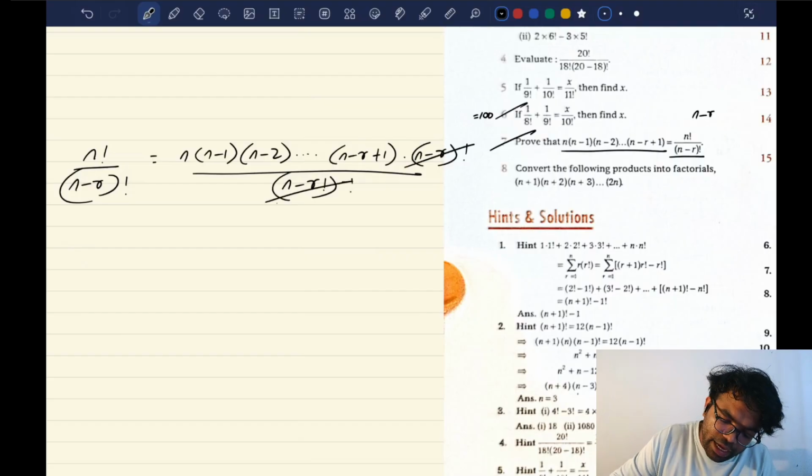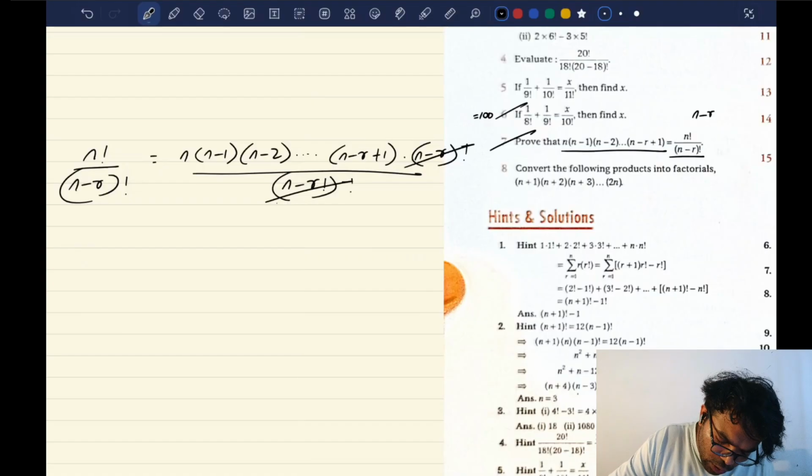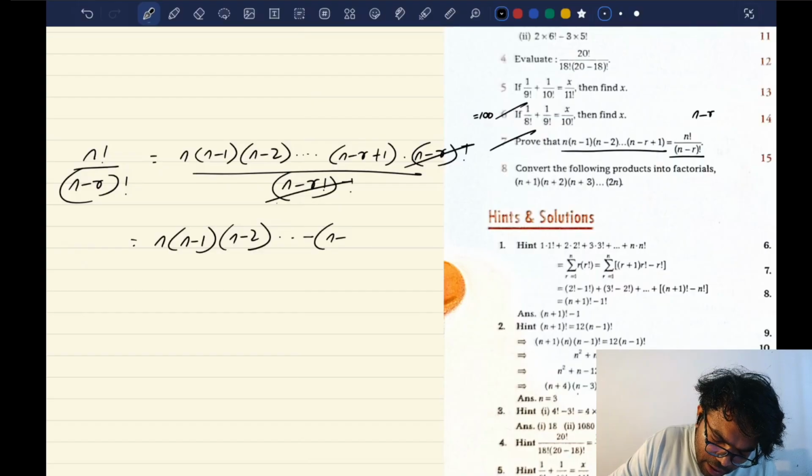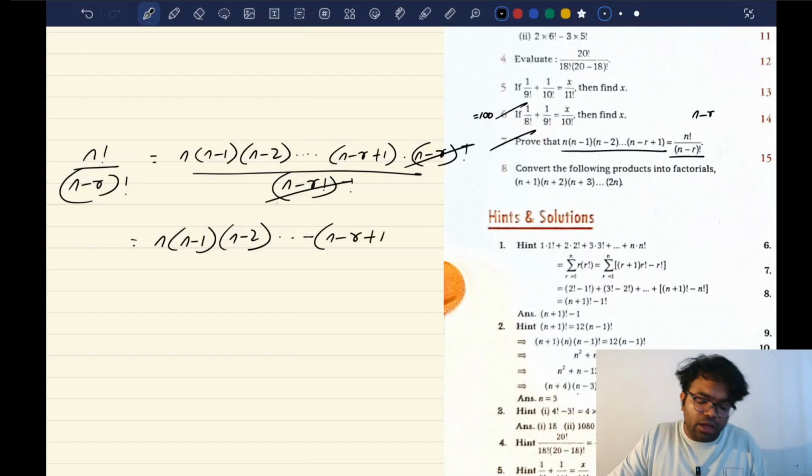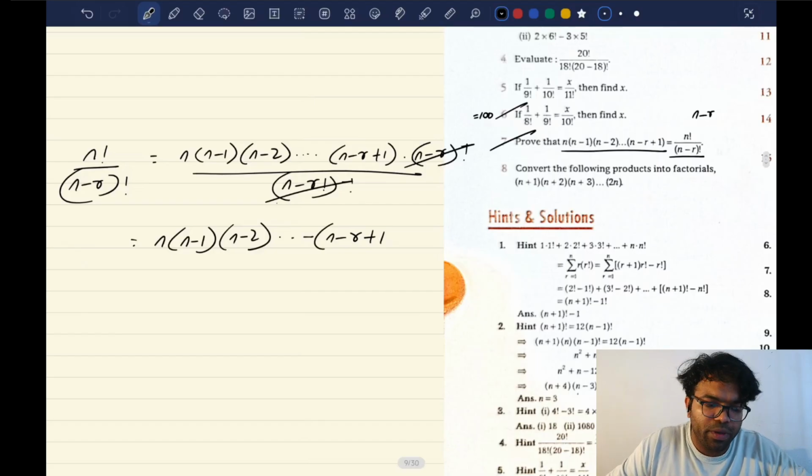So this and this would get cancelled. Therefore you will get n into n minus 1 into n minus 2 dot dot dot n minus r plus 1.